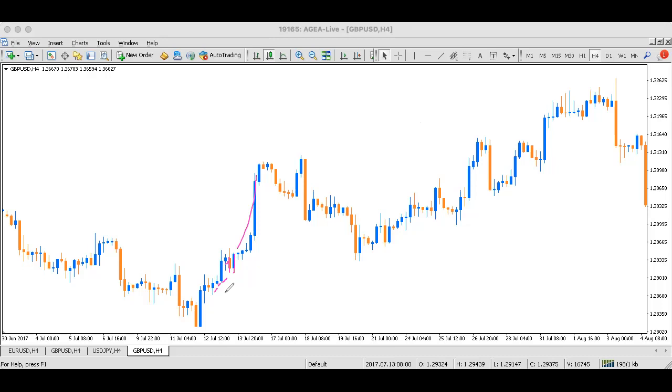That should tell you that the market wants to continue. When a sandwich is formed, you should look at the consecutive candles that came before the sandwich was formed. Before this particular sandwich was formed, we had two bullish candles, right? Before the bearish candle came, before the bullish candle came.